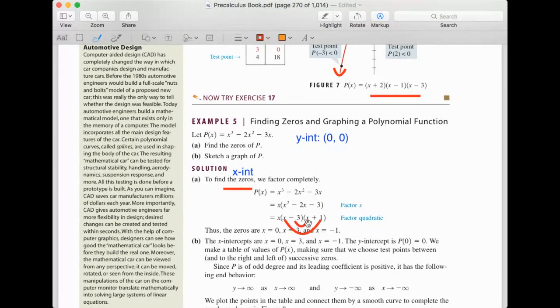So negative 3 times x is negative 3x, x times 1 is positive x, and negative 3x plus positive 1x gives us negative 2x. That's how we get the middle term.